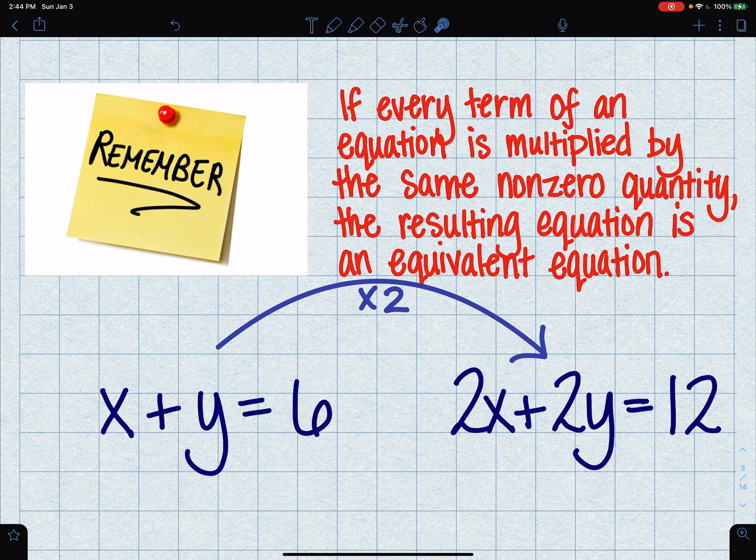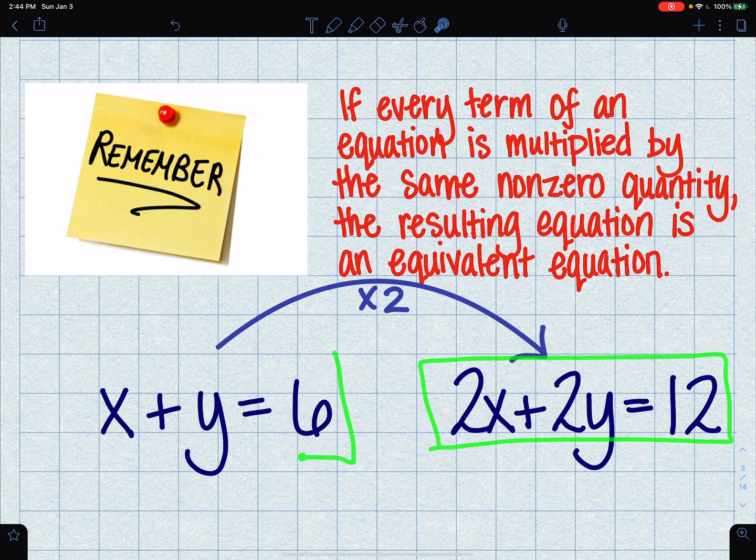Here's an example. If every term of an equation is multiplied by the same non-zero quantity, the resulting equation is an equivalent equation. We learned that rule before. If you take the equation x plus y is 6, and you multiply every single term in the whole equation by 2, you turn it into 2x plus 2y equals 12.